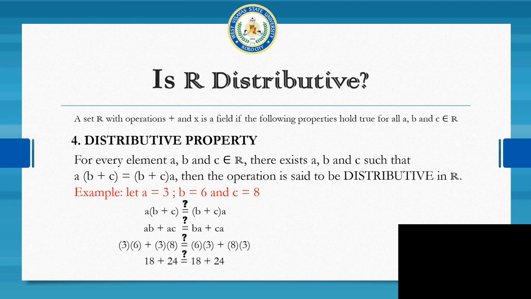Then, 18 plus 24 equals 18 plus 24. Therefore, 42 equals 42. This means that the set of real numbers is distributive under multiplication and addition.